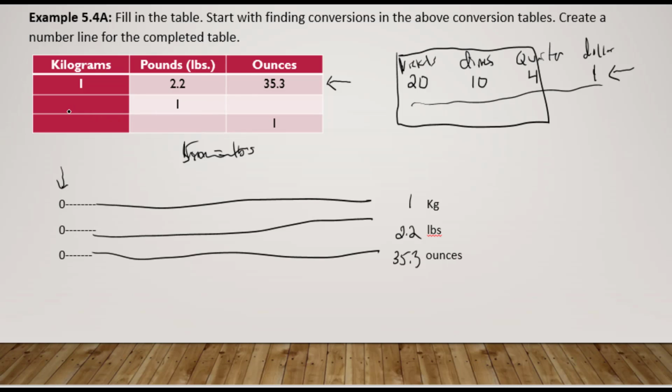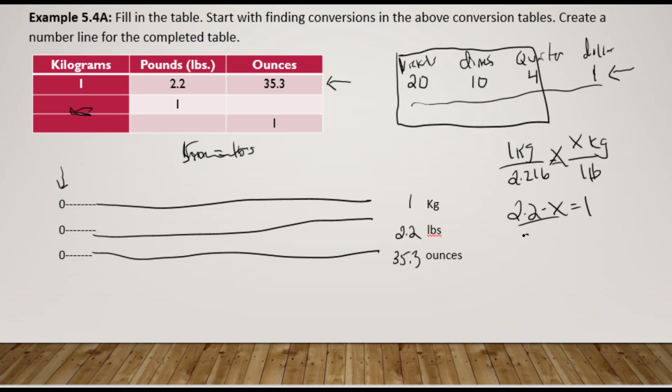So let's do this. Kilograms here. So I know that 1 kilogram is the same as 2.2 pounds. So I'm trying to find out how many kilograms is the same as 1 pound. So I'll cross multiply and I get 2.2 times x equals 1, right?